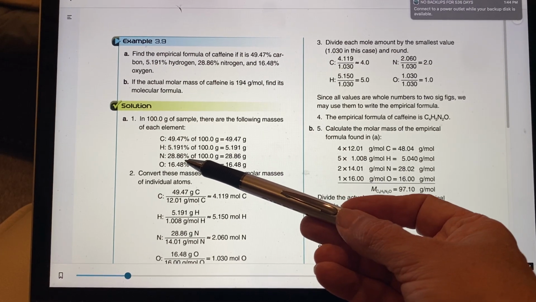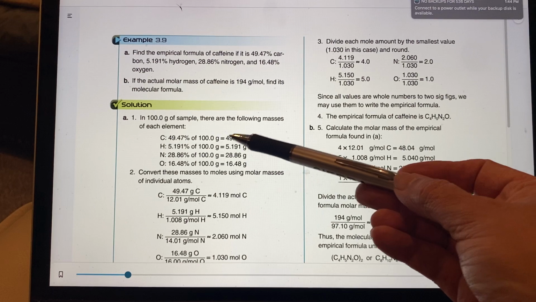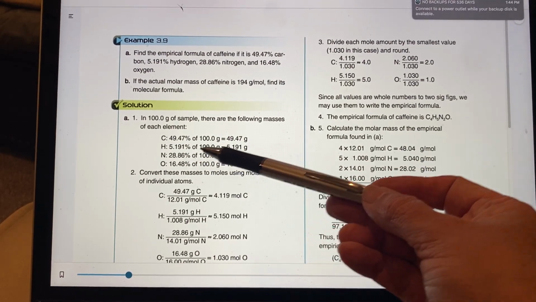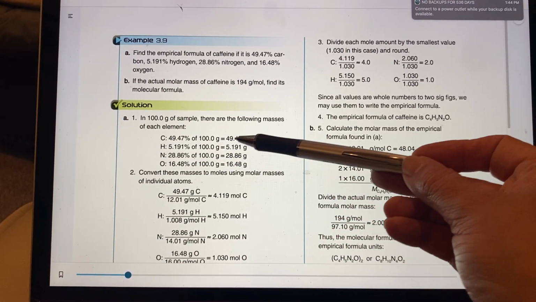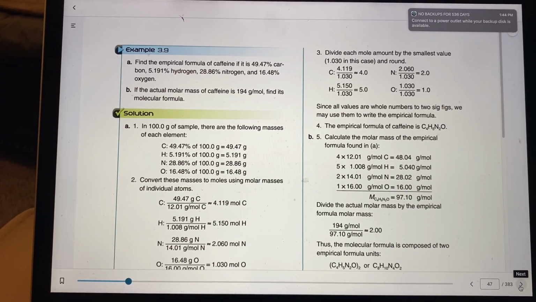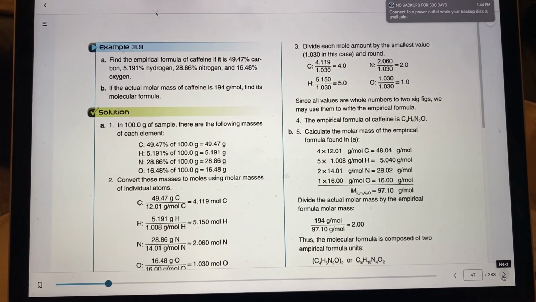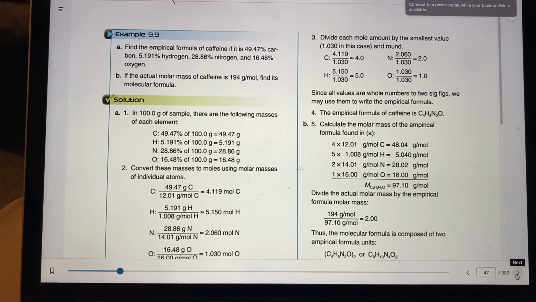And 28.86% would be 28.86 grams. So you're just taking off the percentage and changing them to grams within 100 grams. It's pretty easy. That's an easy step. On to the next step here.